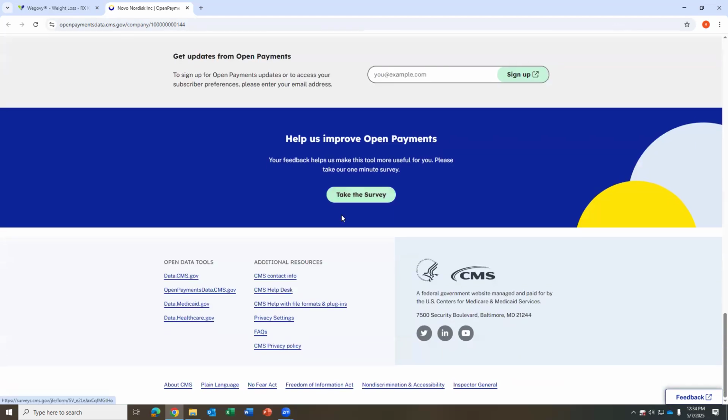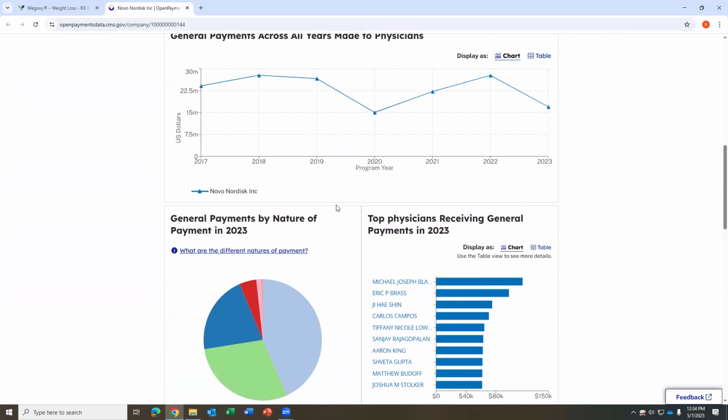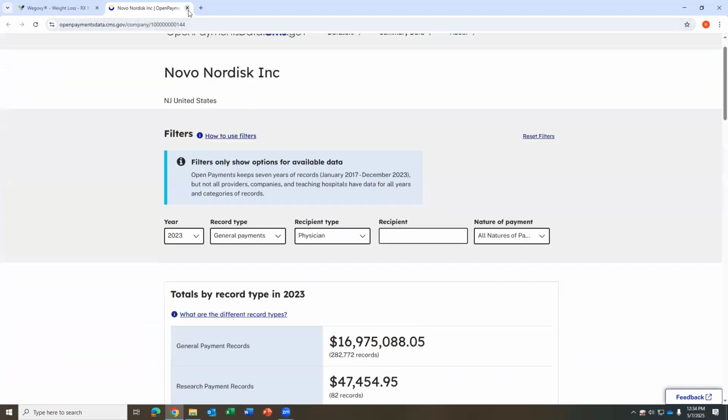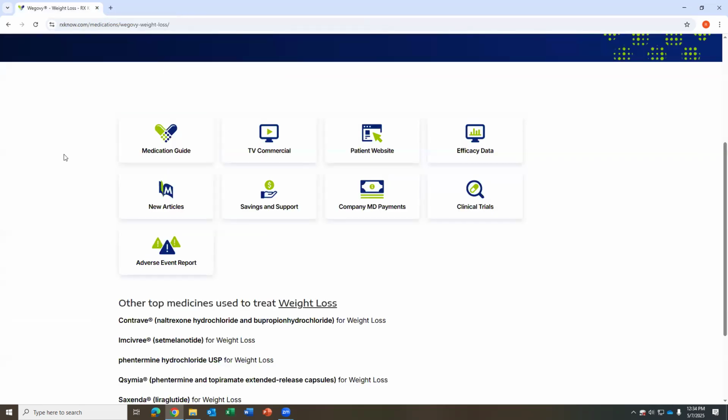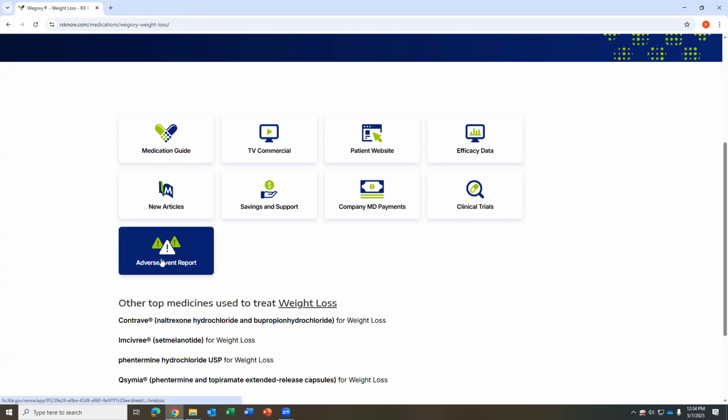You can also download that data overall, so that's important as well. So it's good to understand the company that makes the products that we have, as well as what they would consider key opinion leaders or experts that they utilize that are beneficial for the education of the medication as well as the disease. And then the final area I'll touch on is the adverse events report.